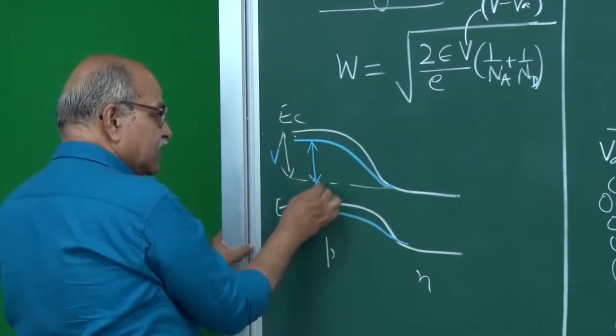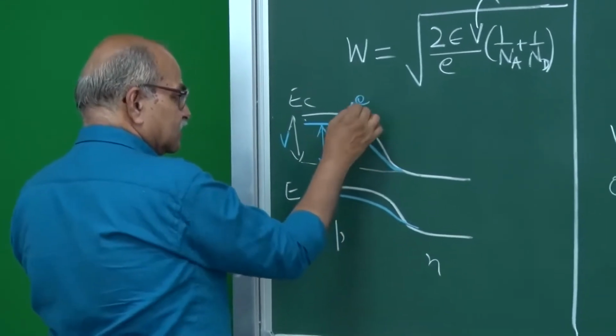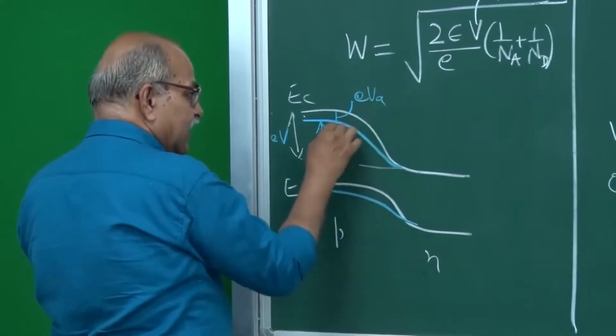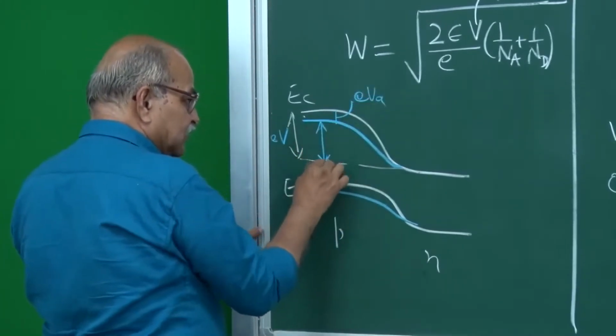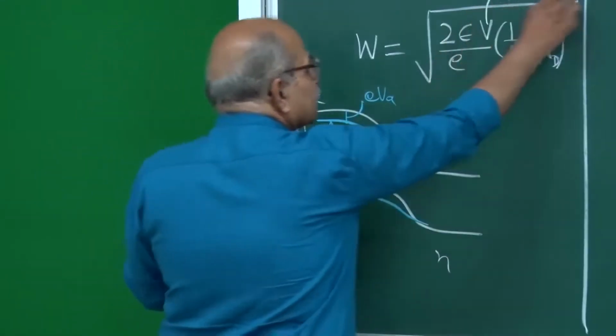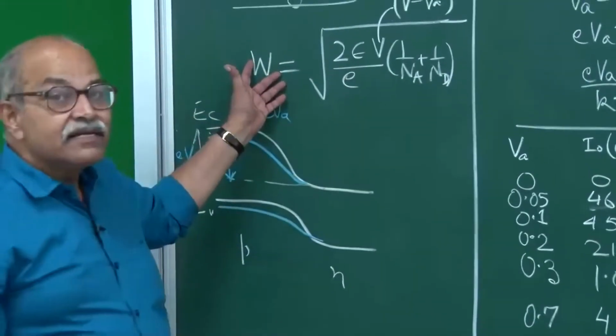So this was V, and this is the applied E times VA, or this is energy, so better to write E times VA, and now this is the barrier. So in place of V, it becomes V minus VA. So that means the width of the depletion layer decreases.